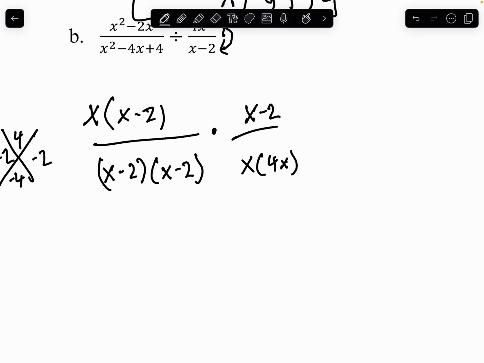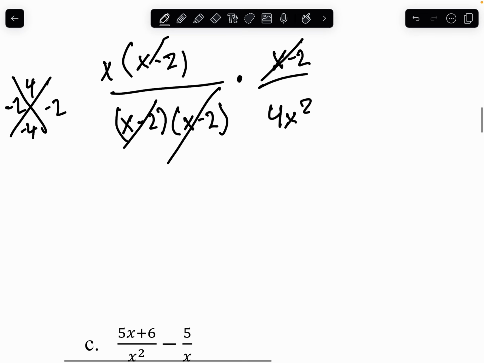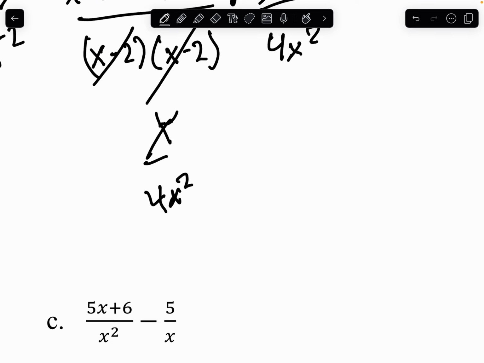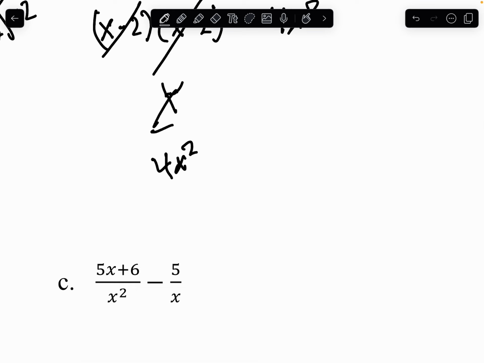Now you can cancel out. Alright, never mind. Let's say you can't cancel that out, because you're going to get a weird number. So let's just say x and 4x squared. Now these all cancel out, so you get x over 4x squared. And now you can simplify more, I guess. Just cancel x in here and x here.